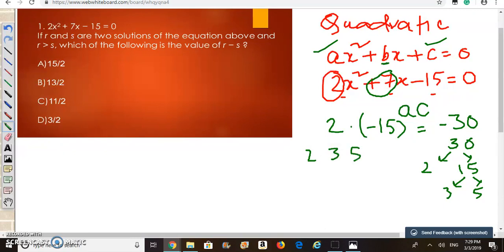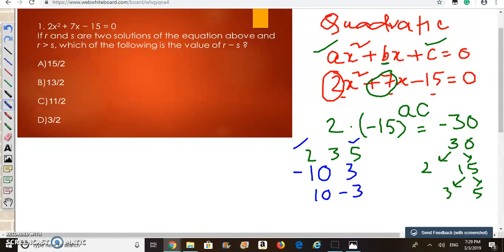3 factors here. So we'll have to make two numbers that will multiply to negative 30 and that when added will become plus 7. So if I pick 2 and 5 here, that is 10 and the rest of the number is 3. So either the 10 can be negative or the 3 can be negative.